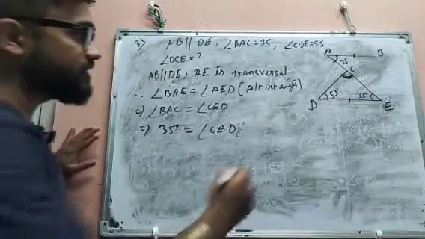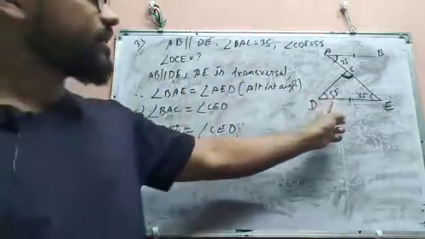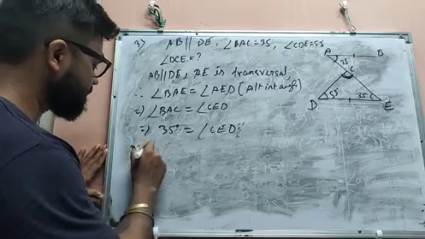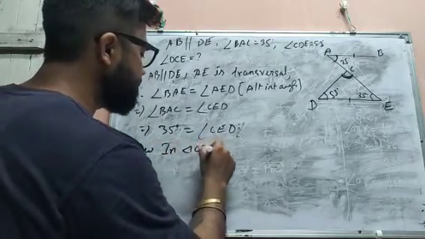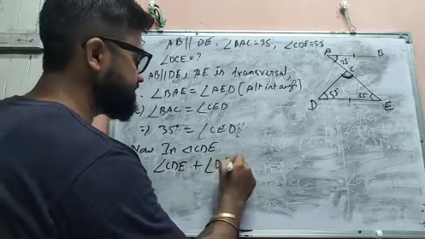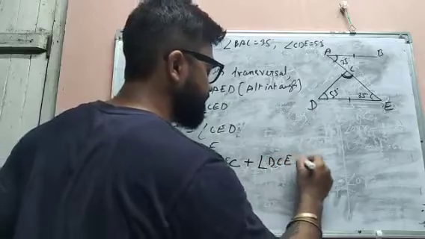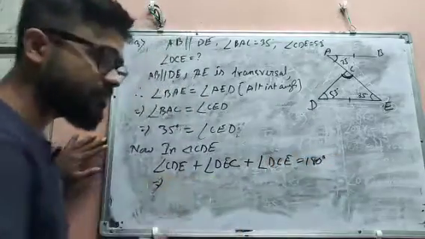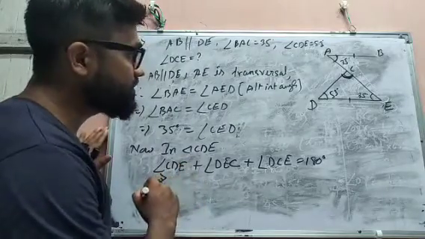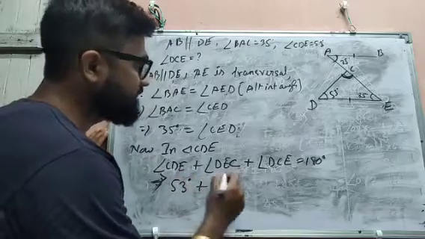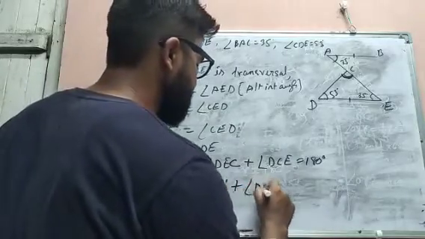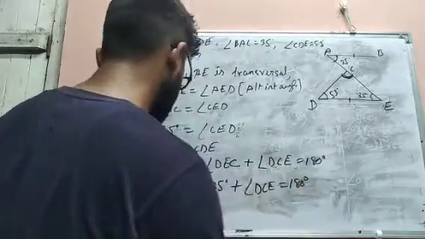Now we are asked to find angle DCE. To find that angle, we can take the triangle CDE and use the angle sum property. In triangle CDE, angle CDE plus angle DEC plus angle DCE equal to 180 degrees, because this is the angle sum property: the sum of three angles of a triangle is always 180 degrees. CDE value is given 53 degrees, and DEC value is 35 degrees.